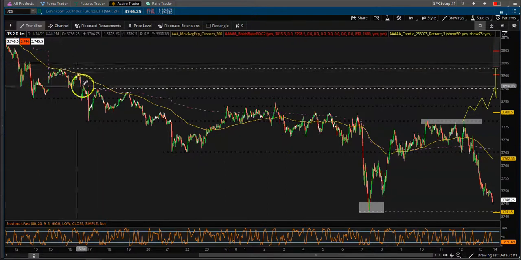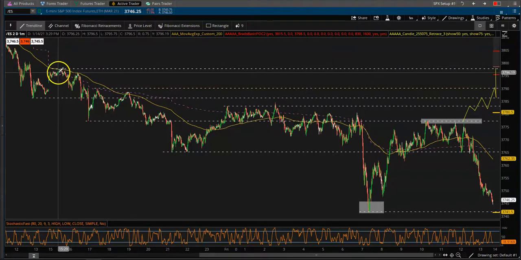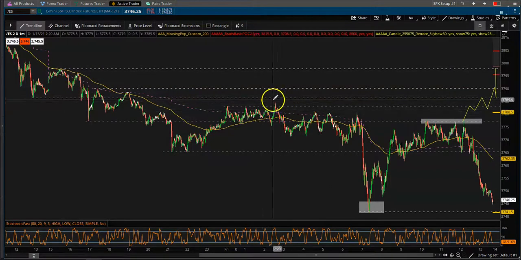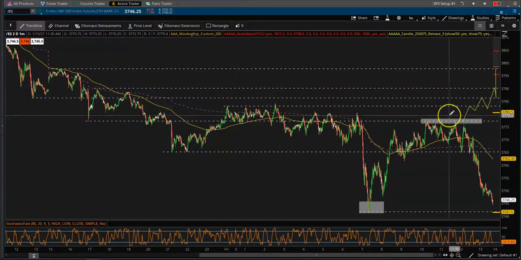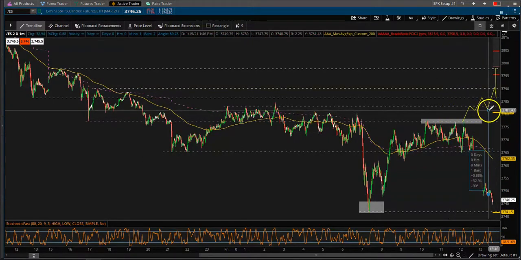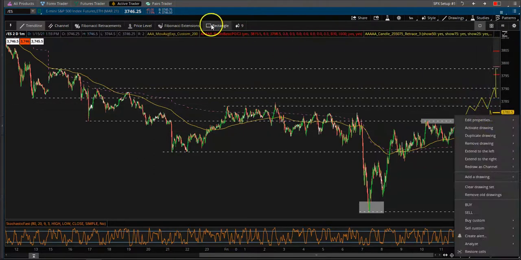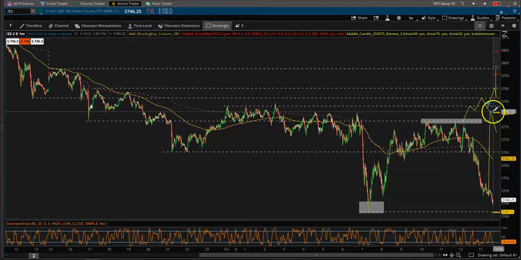Meaning if we come back all the way up here, I'd be looking at this level over here for resistance, maybe this level looking to front run, because if you wanted to get short here, you could look to short here and look for a pullback, and your risk is only essentially this much to potentially make that much.